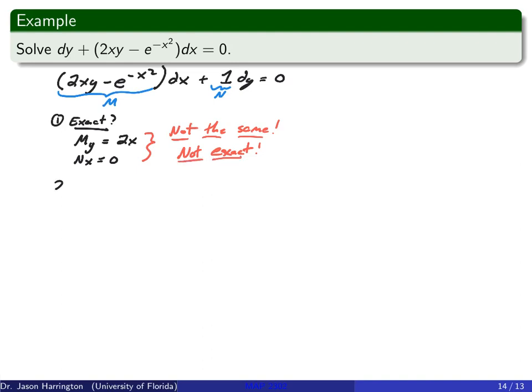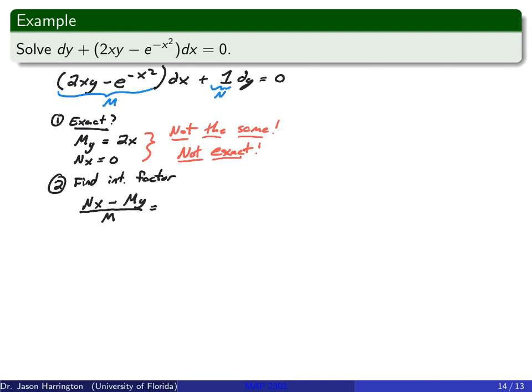So we need to find an integrating factor. Let's try the first one. Remember, we're looking for an integrating factor that just has one variable in it. So if I have N sub x minus M sub y divided by M, let's see what that gives us.